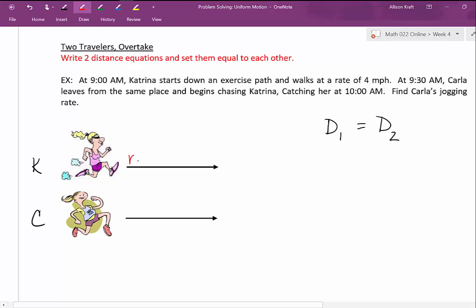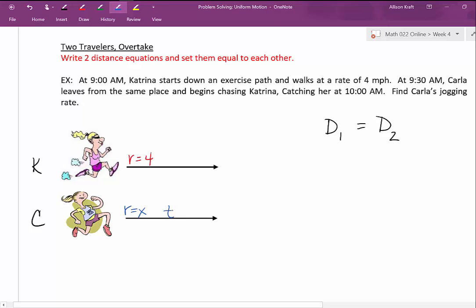Katrina starts down an exercise path and walks at a rate of 4 miles per hour. At 9:30, Carla leaves from the same place, begins chasing her, and catches her at 10. Find Carla's jogging rate. That's our unknown. So Carla's jogging rate, we call it x.